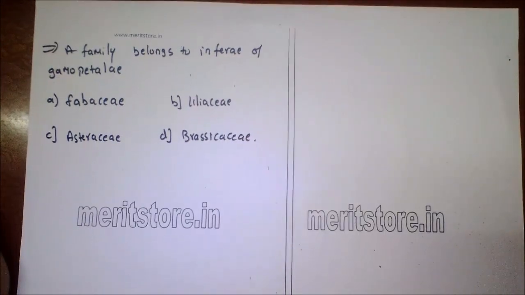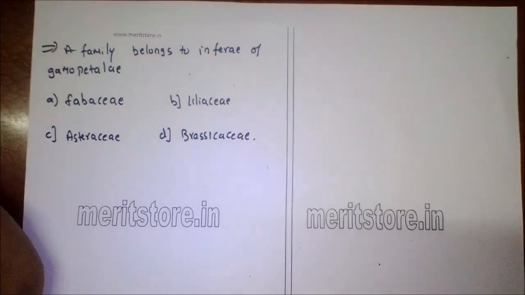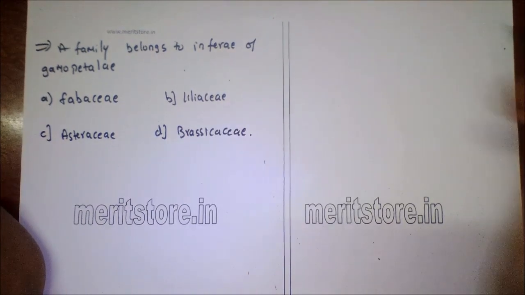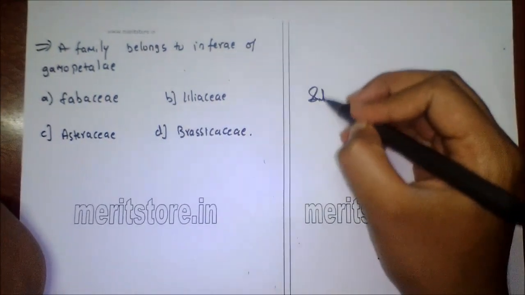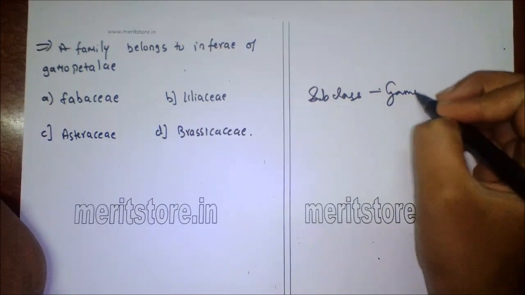A family belonging to Inferae of Gamopetalae: A. Fabaceae, B. Liliaceae, C. Asteraceae, D. Brassicaceae. So family Asteraceae belongs to subclass Gamopetalae.